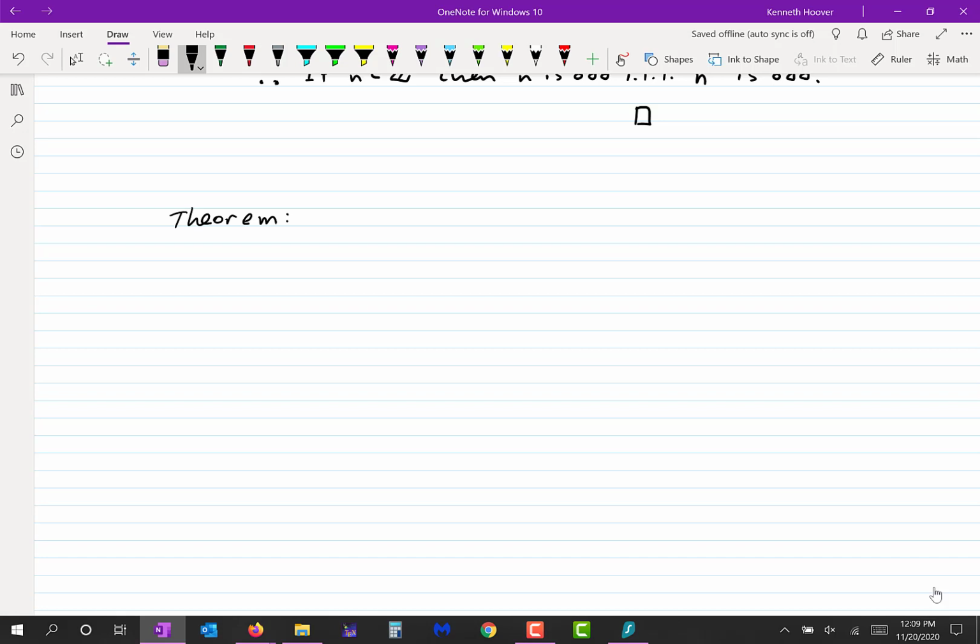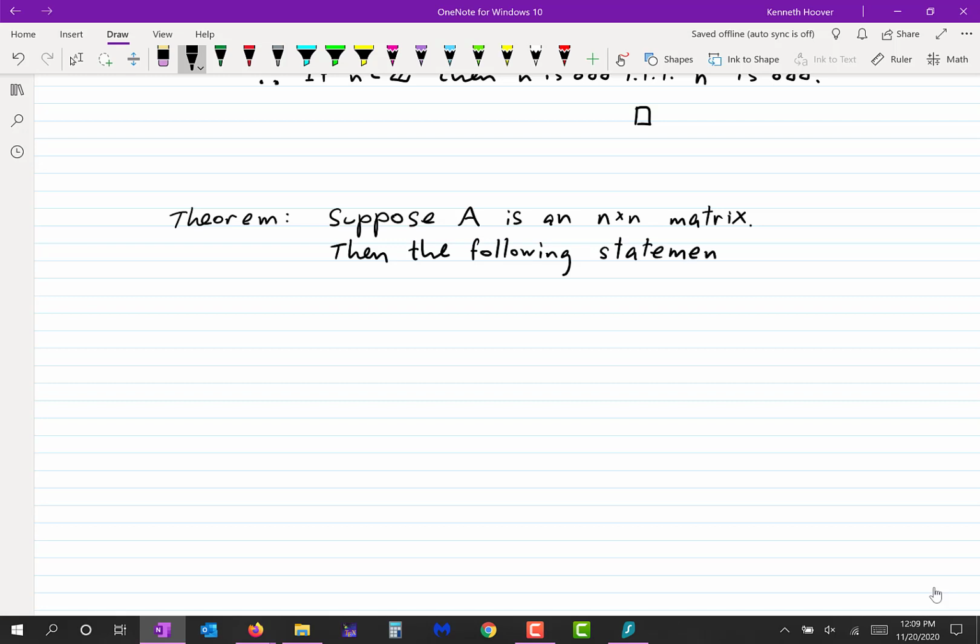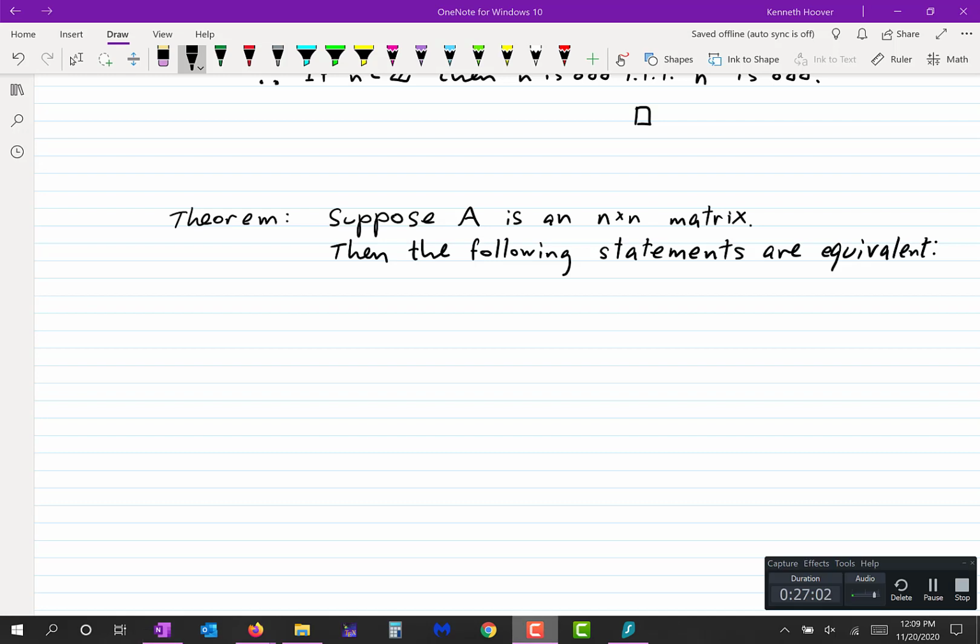So it says, suppose A is an n by n matrix. Then the following statements are equivalent. Okay, and now I'm going to write all of them all at once so that it doesn't spend a lot of your time while I'm writing.